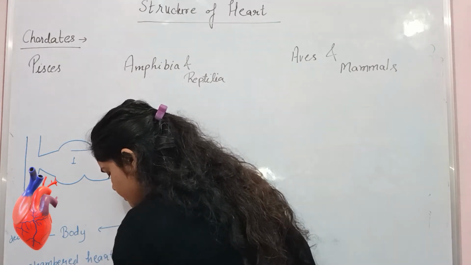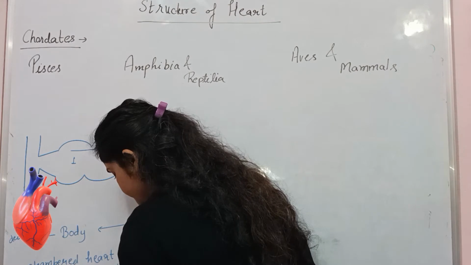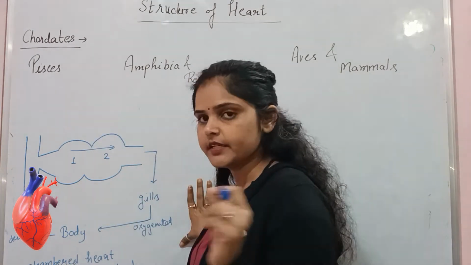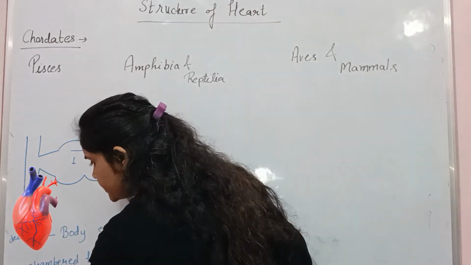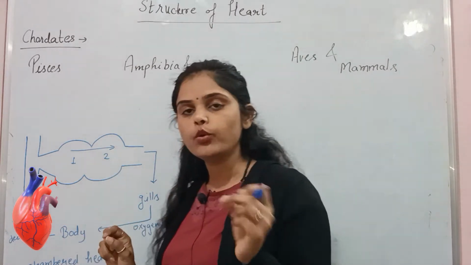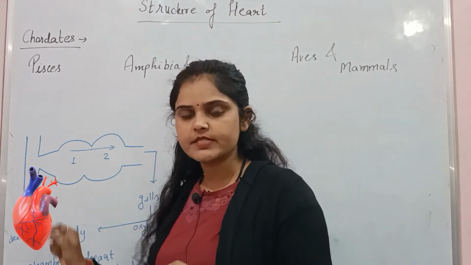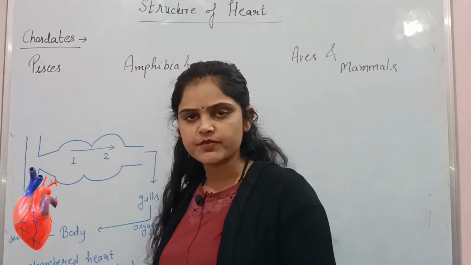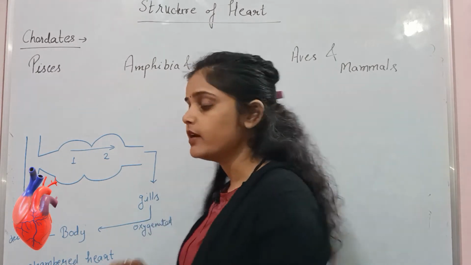Another thing is that only impure blood, the deoxygenated blood, is transferred into the body. So we say it is a venous heart.